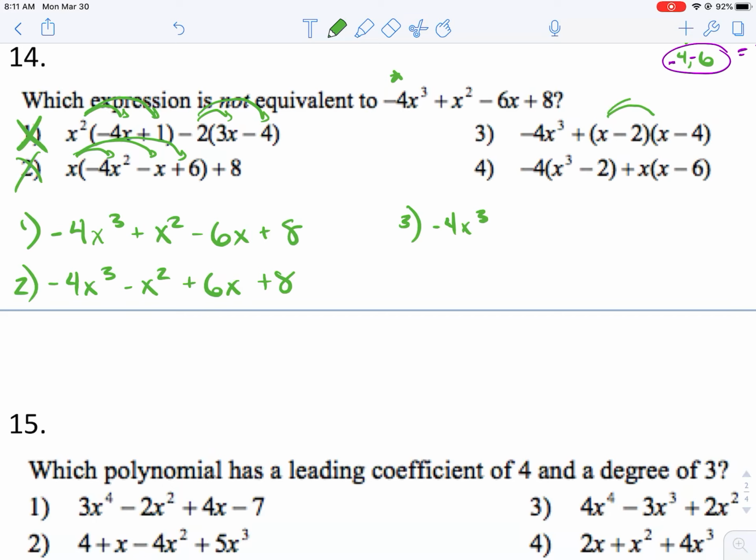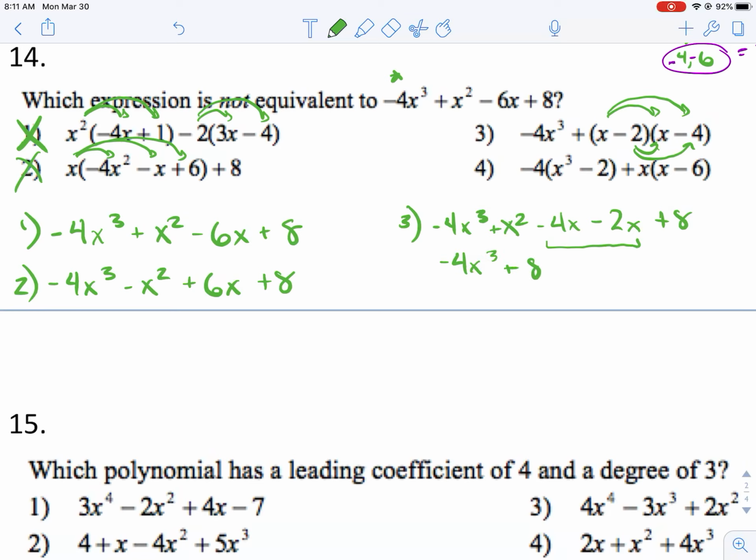Let's take a look at number 3. We don't really have anything to do with that one, but we can multiply this out here. So here's our arrows. It's going to be plus x squared minus 4x minus 2x plus 8.